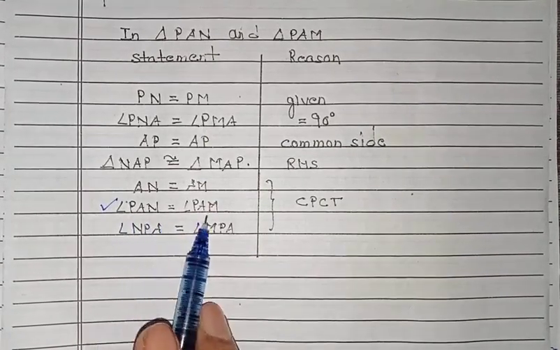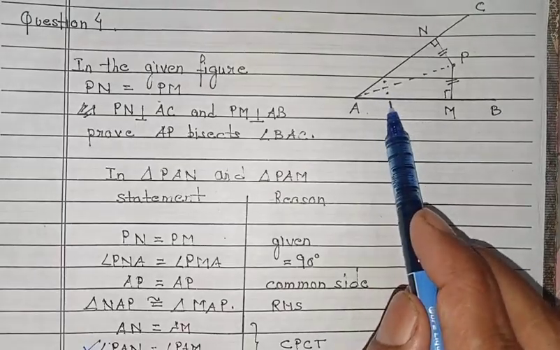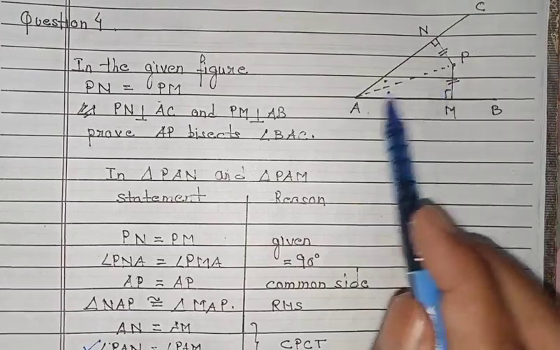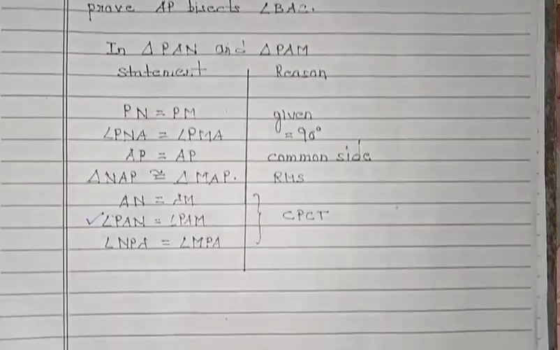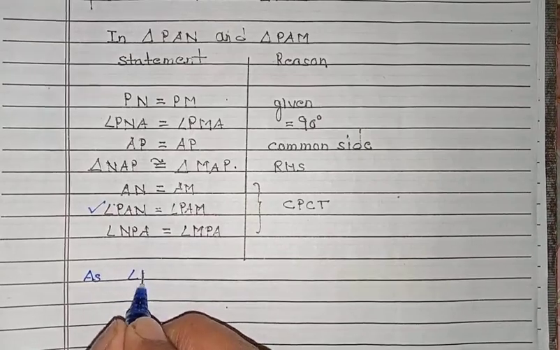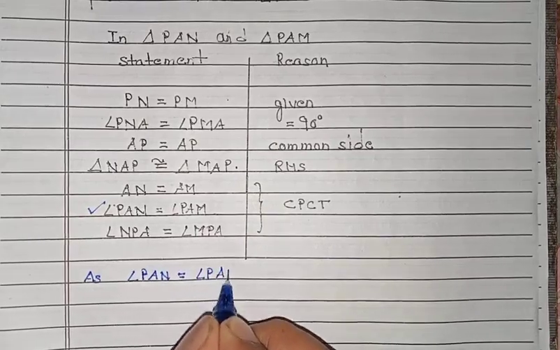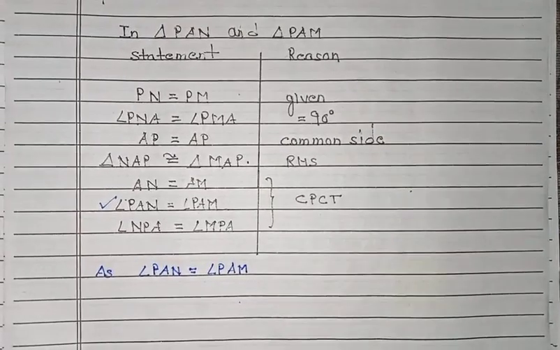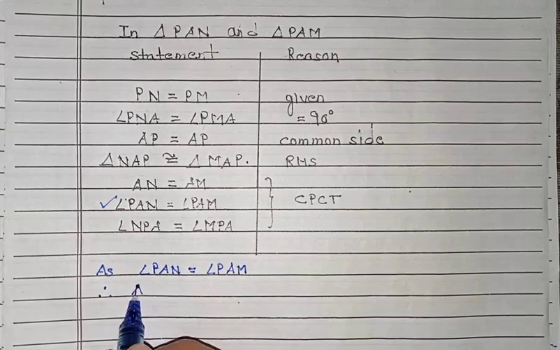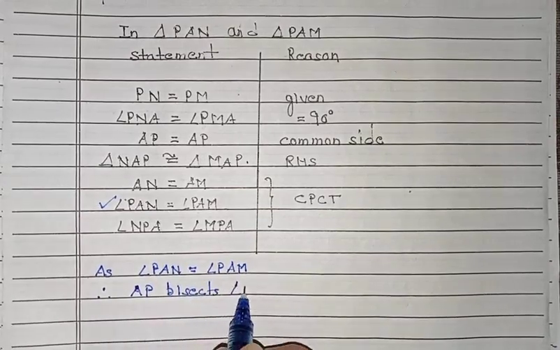So once we have shown that these two angles are equal, we can say AP is bisecting angle A. So our final statement will be, as angle PAN is equal to angle PAM, so therefore we can say that AP bisects angle BAC.